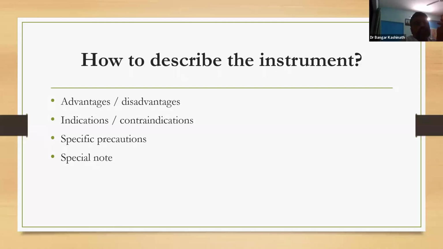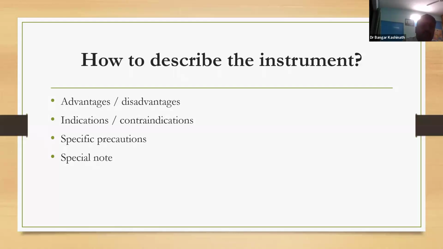Then you can talk about various advantages and disadvantages of these instruments, or in comparison with other similar instruments. Then we'll be talking about indications. What are the various indications for which this instrument is used, and various contraindications, relative or absolute.